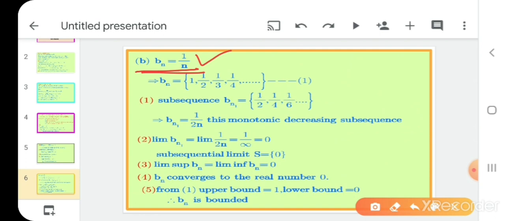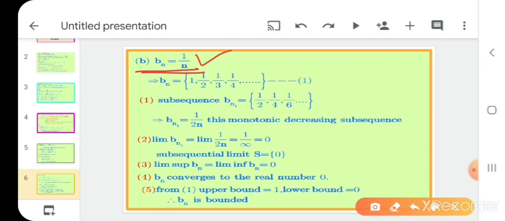So, here I wrote a subsequence Bn1. I took only even numbers. See here, 1 by 2, 1 by 4, 1 by 6 only. In the denominator I take only even numbers. These are the elements of the subsequence. Then what is the function?